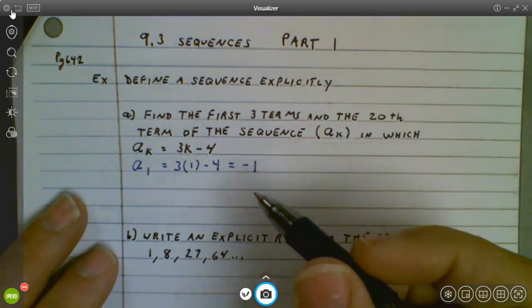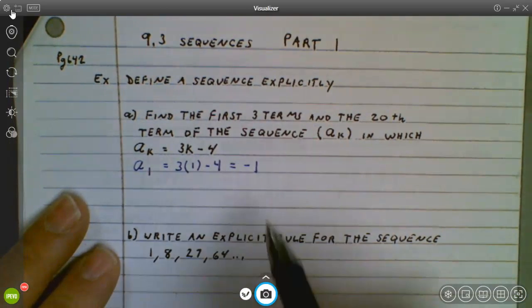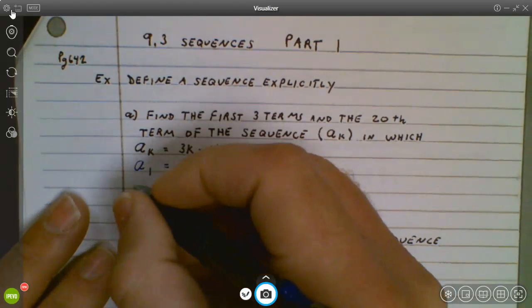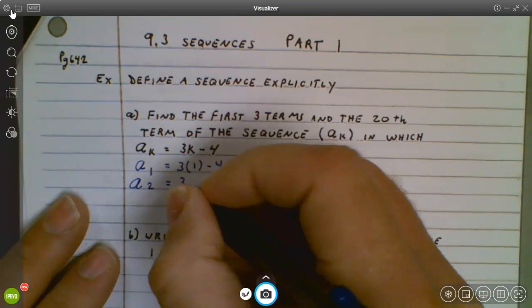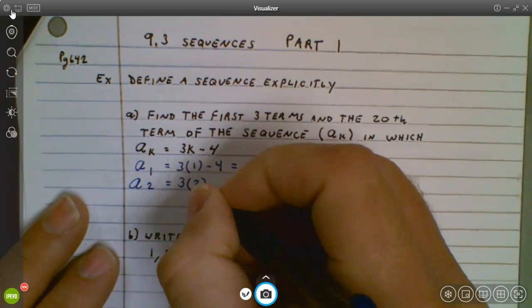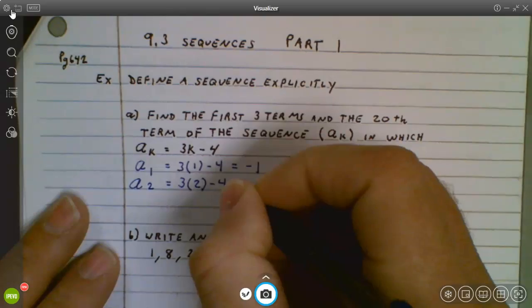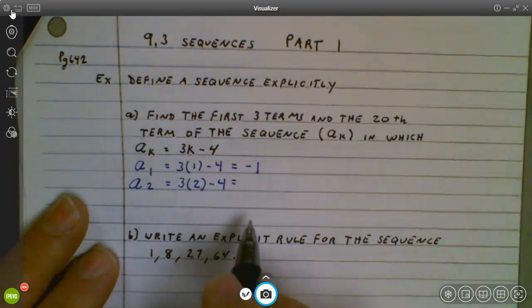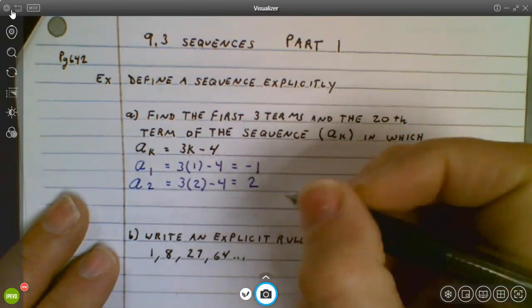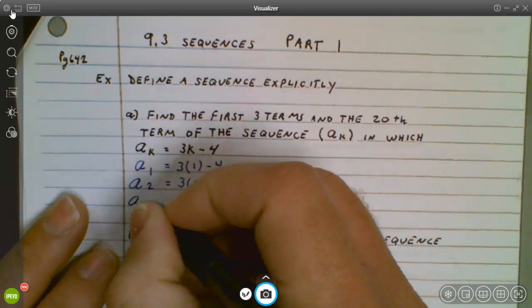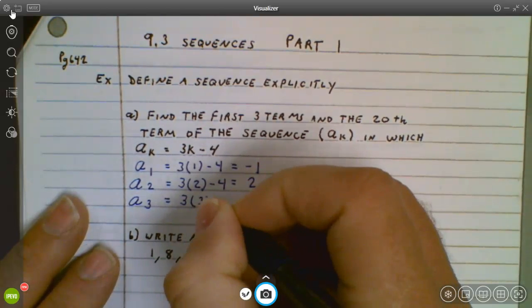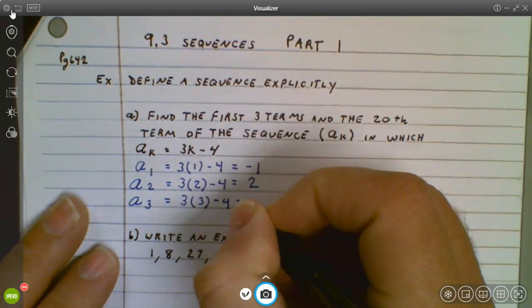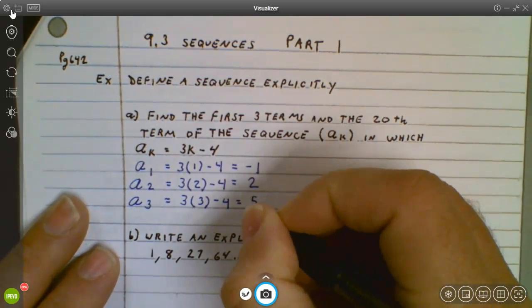Anyway, let me keep going. They wanted the first 3 terms. So there's the first term. The second term is where we plug in a 2 for k, so 6 minus 4 is 2. And the third term, if we plug in a 3 for k, 9 minus 4 is 5.